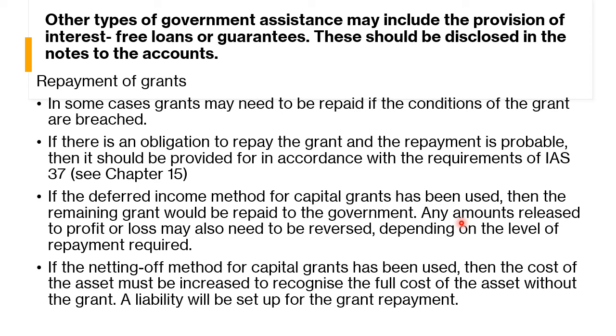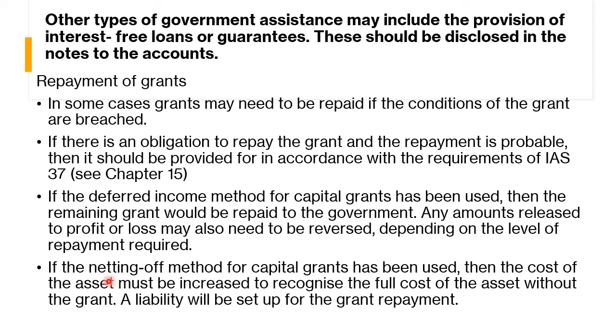That will be paid to the government. Any amount released to profit and loss also needs to be reversed depending on the level of repayment required. Better it will be discussed in detail in IAS 37.